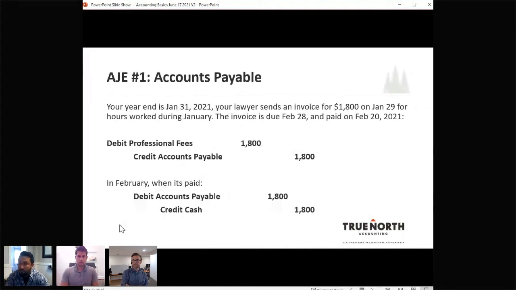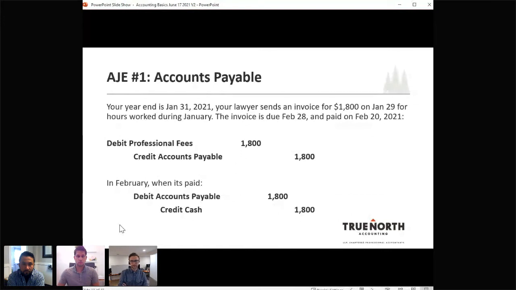But the expense relates to work done in January, you pay it in February. So it didn't go through your bank account, and so it didn't get captured in the bookkeeping. It's not in the general ledger quite yet. So we have to put it there because you know you owe that money on January 31st. So that's an example of an accrual.